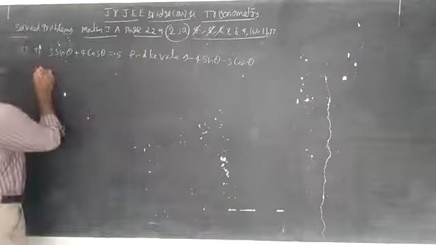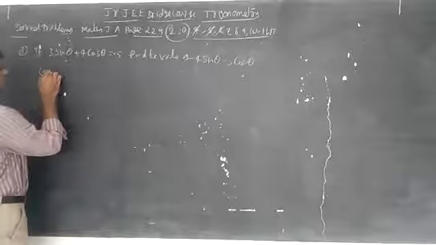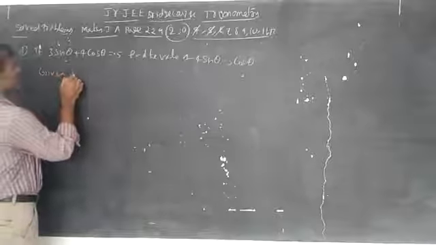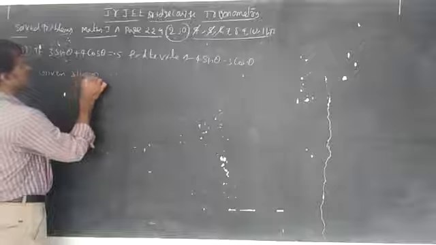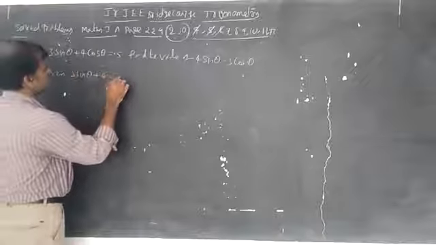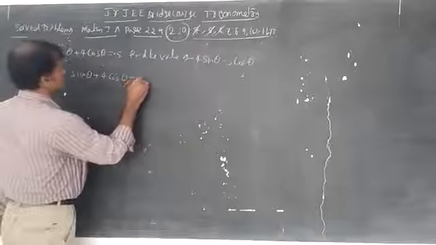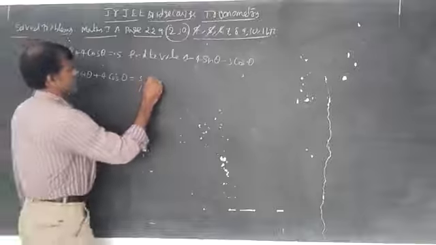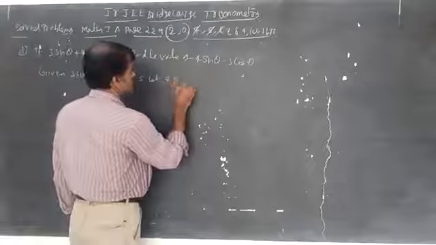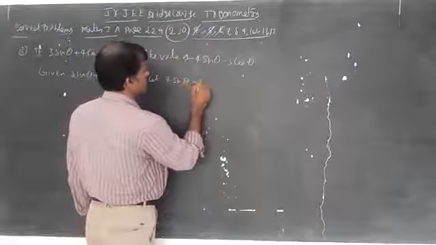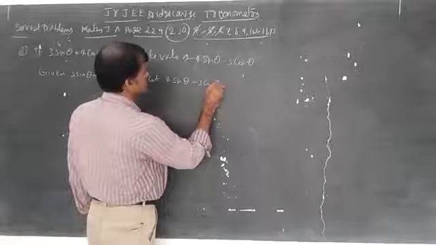Now, given 3 sin theta plus 4 cos theta is equal to 5, we should calculate this one, 4 sin theta minus 3 cos theta.